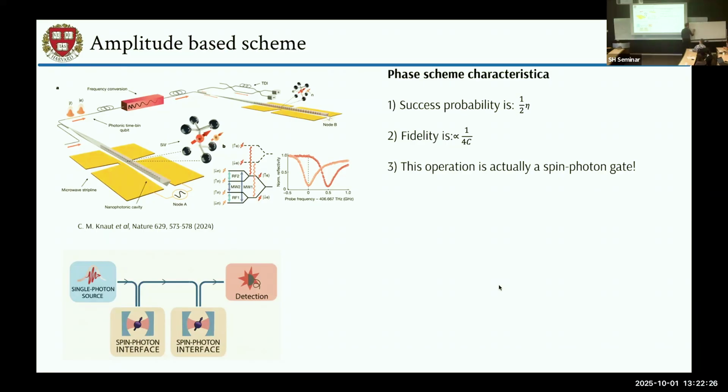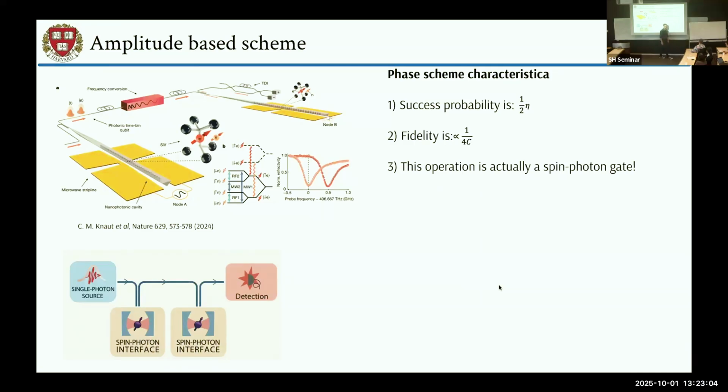It says 0 photon, 0 just goes to 0 photon, 0. 1 photon, 0 goes to minus 1 photon, 0. 1 photon, 1 goes to 1 photon, 1, and 0 photon, 1 goes to 0 photon, 1.